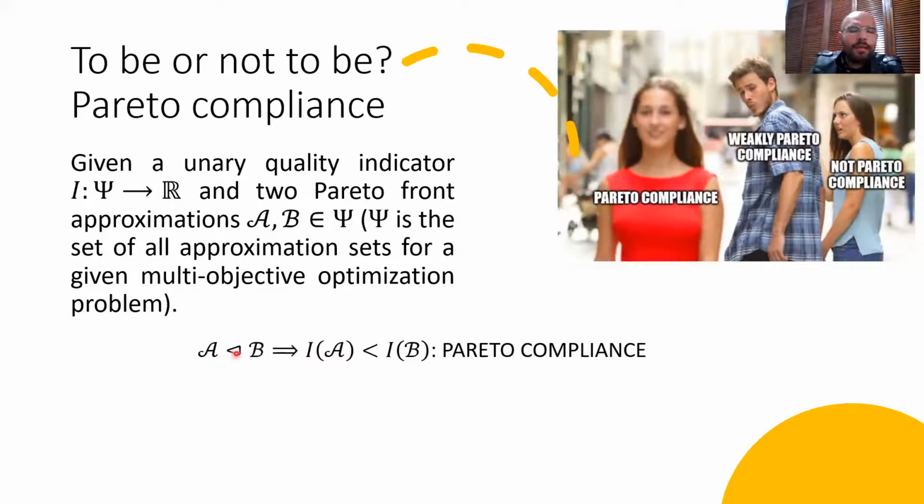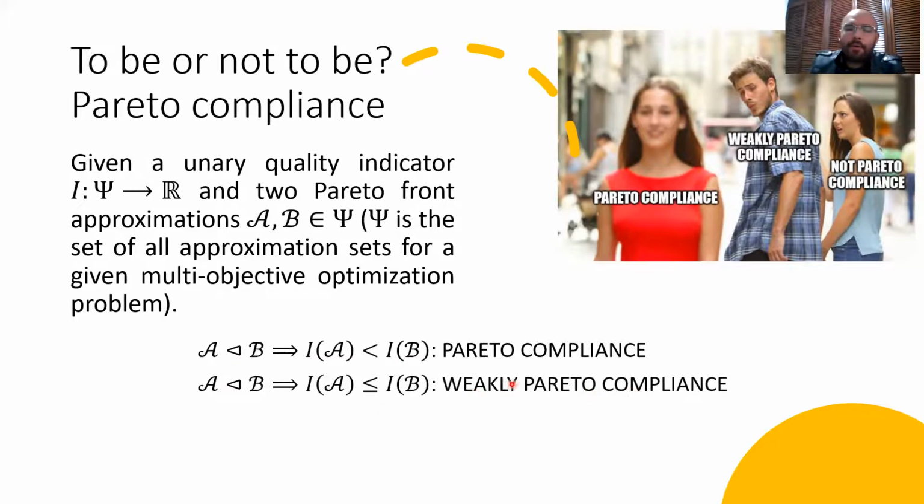So let's assume that A strictly dominates B, and an indicator is Pareto compliant if the indicator value of A is strictly better than the indicator value of B. That's the idea here, that this indicator can reflect the order structure of the Pareto dominance extended to sets.